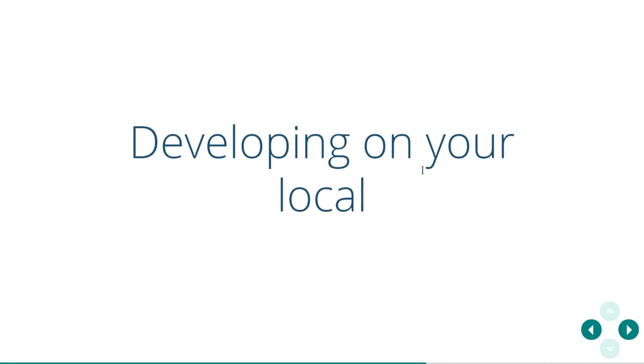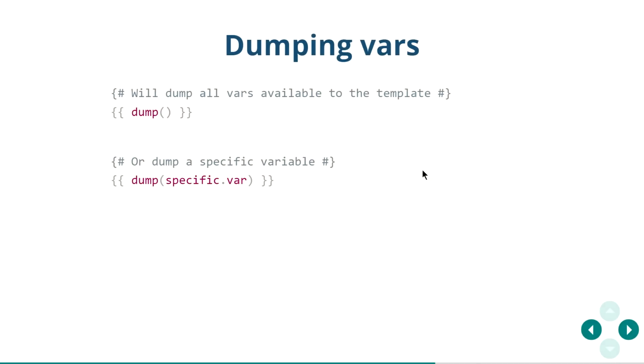So, developing on your local. You want to get started, get set up, and start writing these awesome Twig codes. Built into core, you can just use dump. Dump is going to give you, like var_dump in PHP, a very simple output of whatever a variable is.